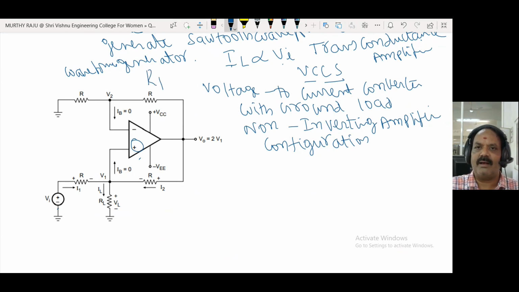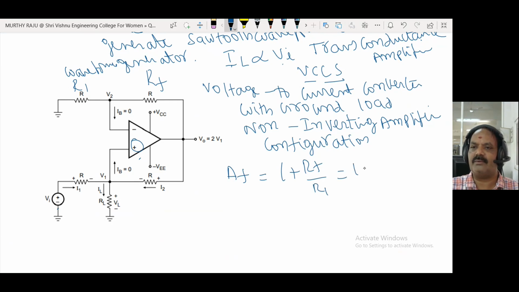This one is RF. This one is R. We know that the gain of the non-inverting amplifier is AF equal to 1 plus RF by R1. RF is R, and R1 is also R. So AF is equal to 1 plus 1, that is equal to 2.